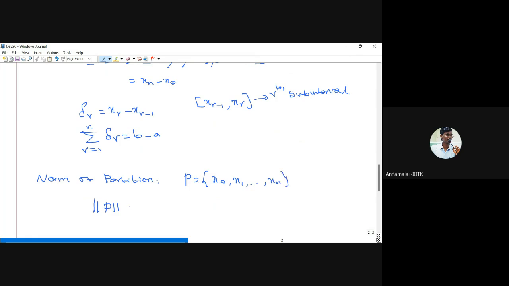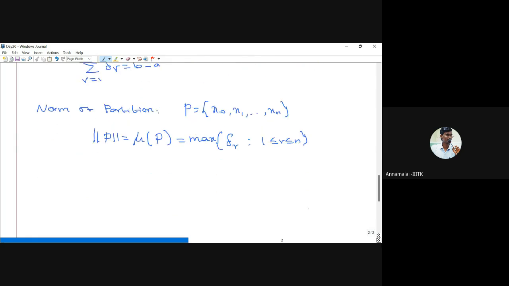The norm of the partition, sometimes denoted by the notation mu of P, is nothing but the maximum length of the subinterval. That is, the maximum of the subinterval lengths denoted by delta r, where r varies from 1 to n. The maximum length of the subinterval is the norm of the partition.